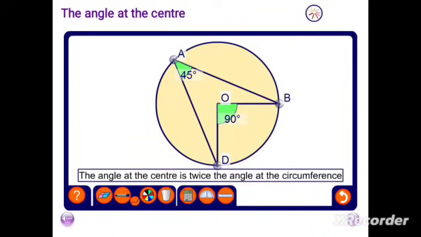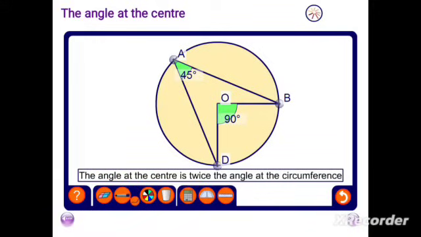Okay, the angle at the center is another property that we want to talk about. So we have it that the angle at the center is twice the angle at the circumference.